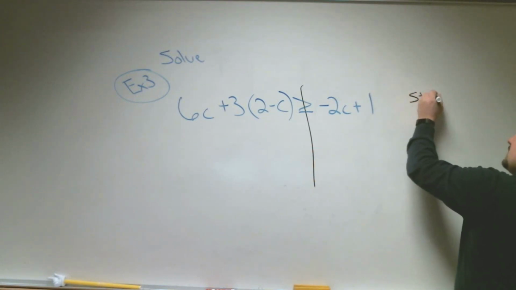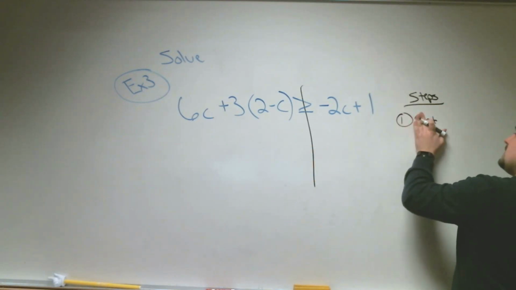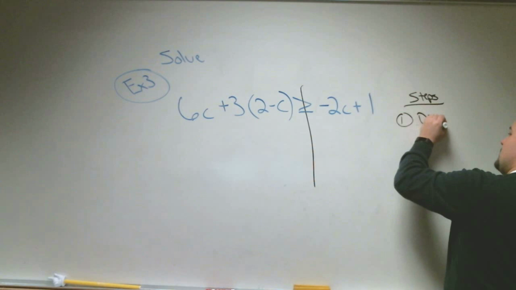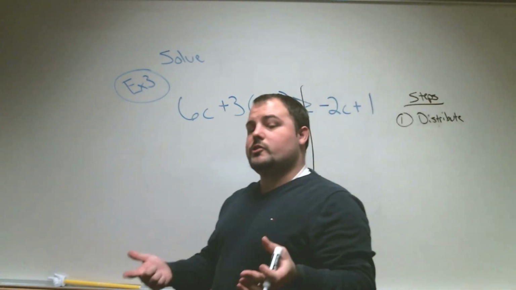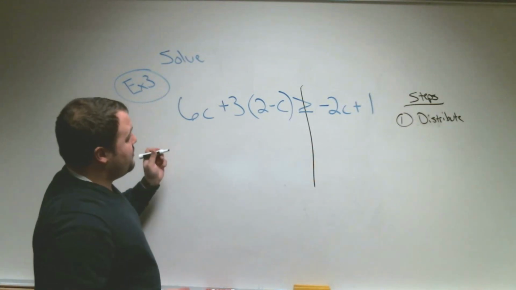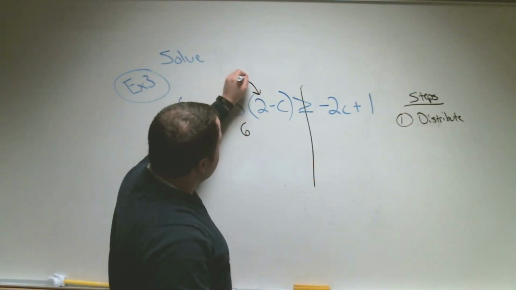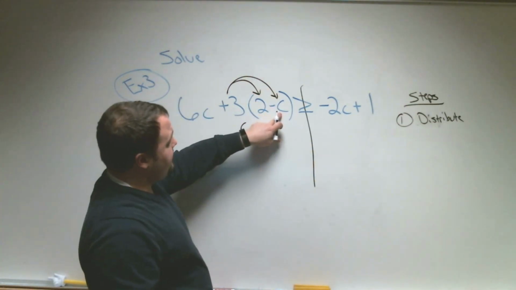Our steps. The first step is distribute. So first step, we're just going to distribute the number that's next to parentheses. 3 times 2, that's 6. And 3 times, and if you think about this, this is a negative c.